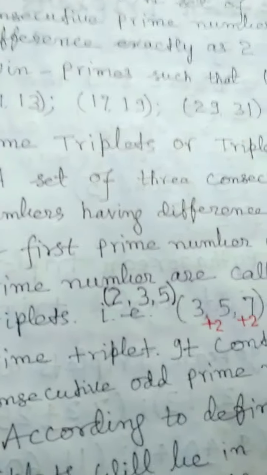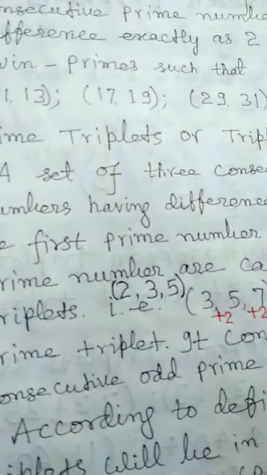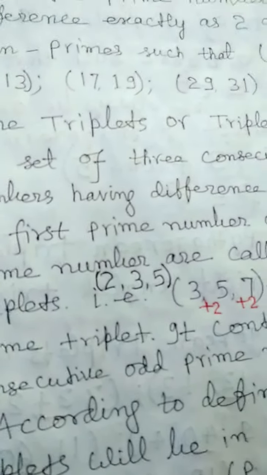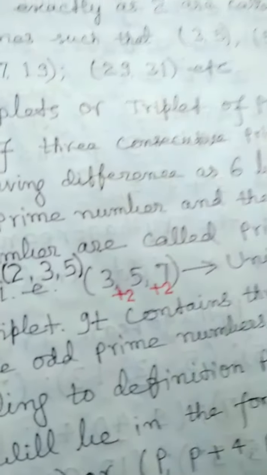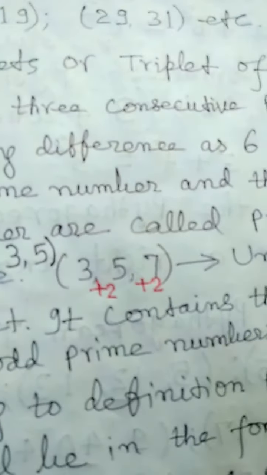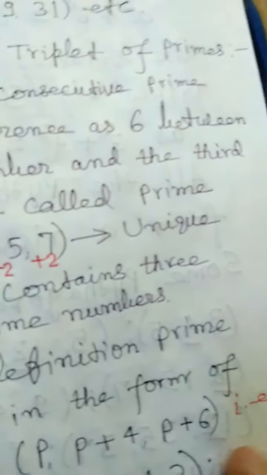According to the definition, prime triplets will be in the form of p, p plus 2 and p plus 6, or p, p plus 4 and p plus 6.